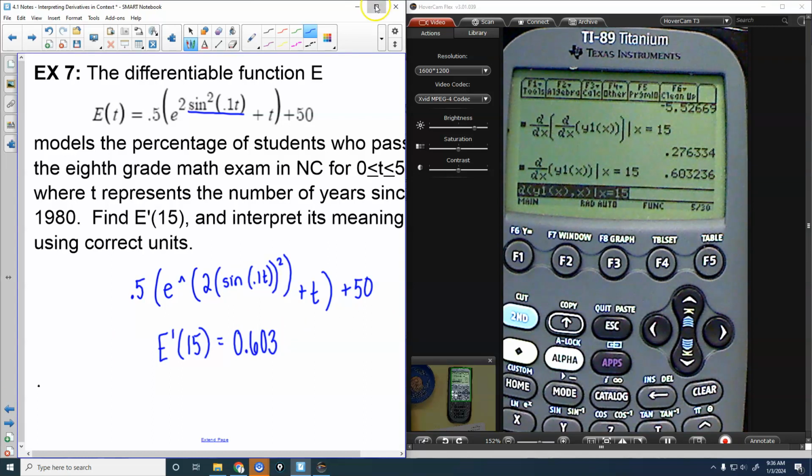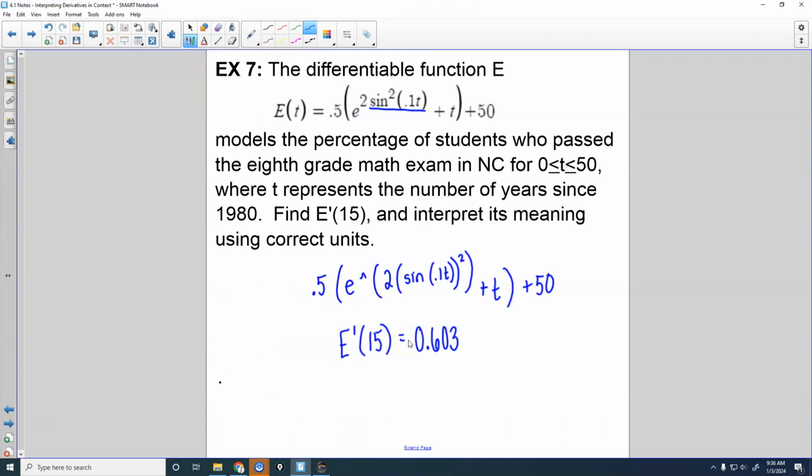So let's talk about what this means. Let's do units first. So, we got E of t. So we got t here. We got E of t. What's t measured in? That's years. And what is E measured in? Percent who passed.